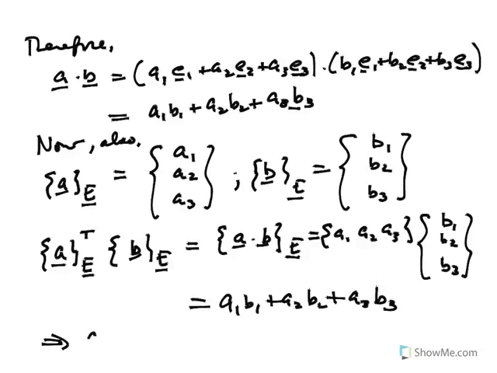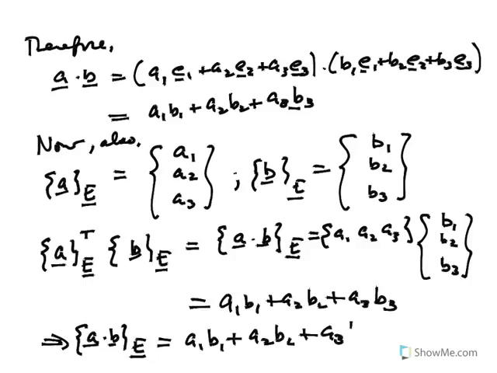So that implies that the scalar product expressed in the basis E is equal to A1 B1 plus A2 B2 plus A3 B3.